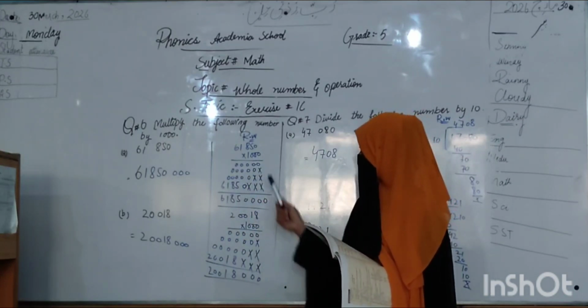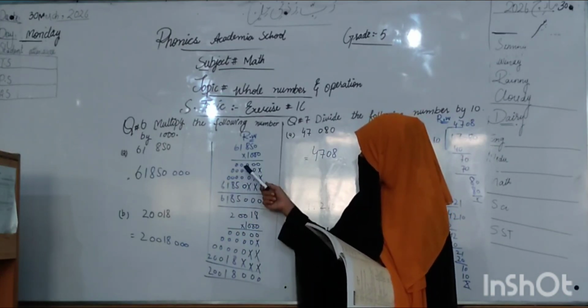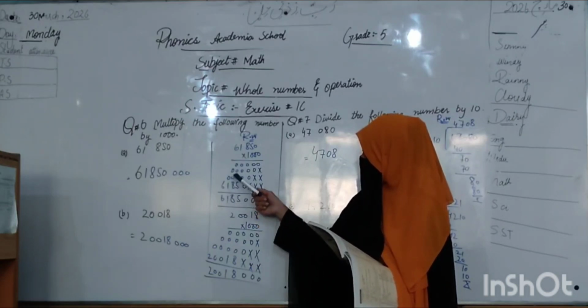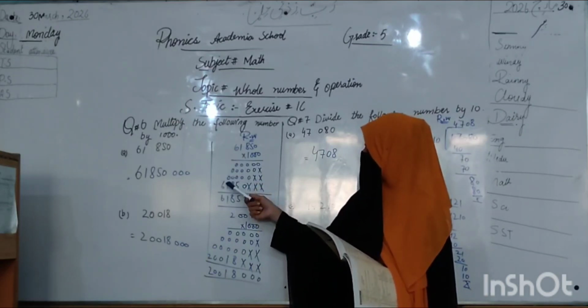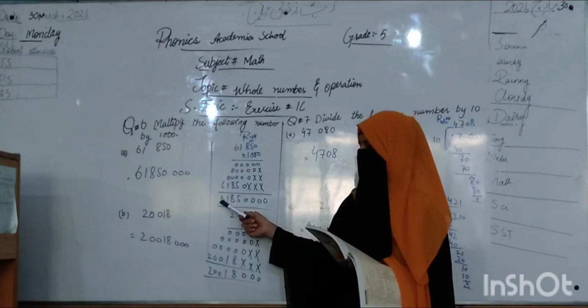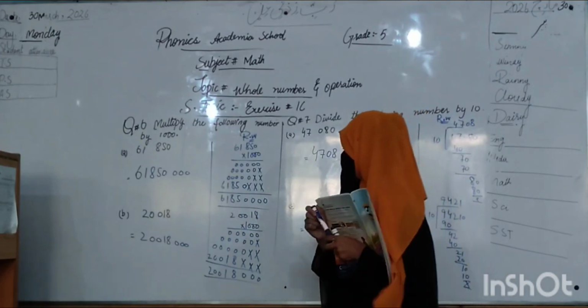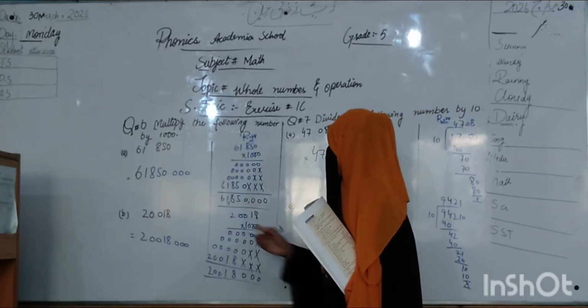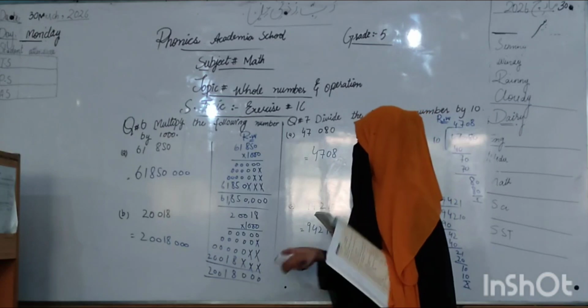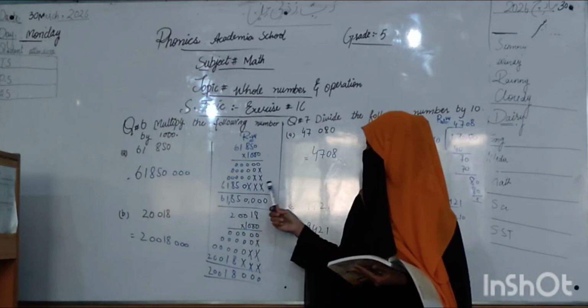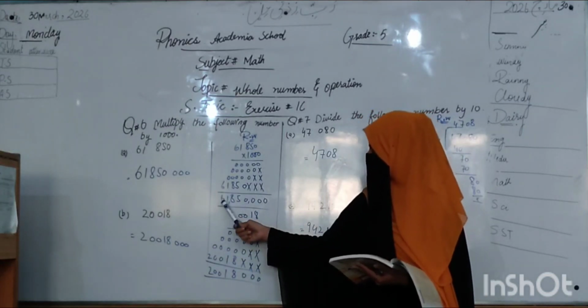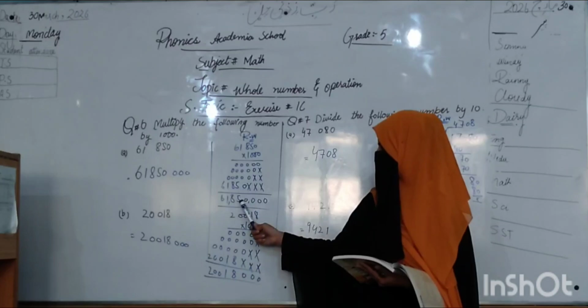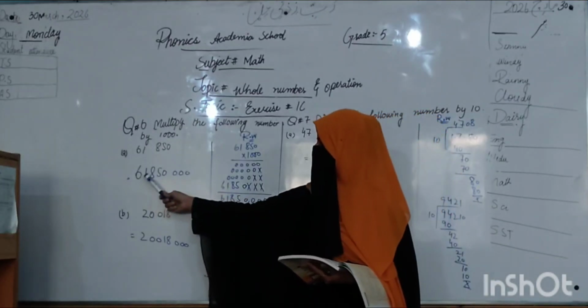When you add 0, 0, 0, 5, 8, plus 0, 0, 8, and 1 plus 0 is 1, and 6 is 6. So the value made is 61,850,000. So the answer is 61,850,000.